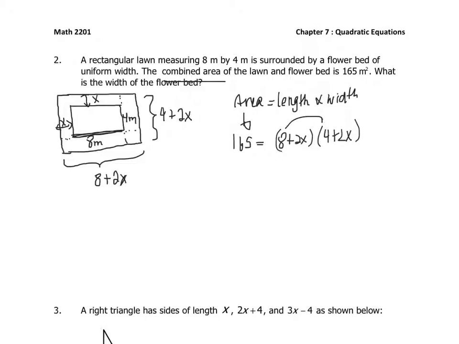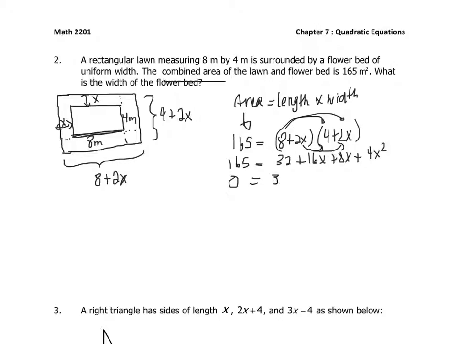So 8 times 4 is 32, plus 16x, plus 8x, plus 4x squared. It's a quadratic equation, so we want to bring everything to one side equal to 0.